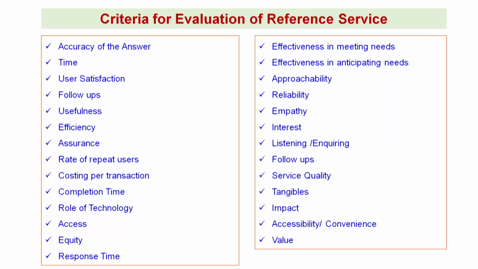The criteria we normally use to measure reference service effectiveness are the accuracy of the answer you provide, the time taken to provide the answer, and the user's satisfaction after getting the answer to the query, how far he is satisfied with the answer.